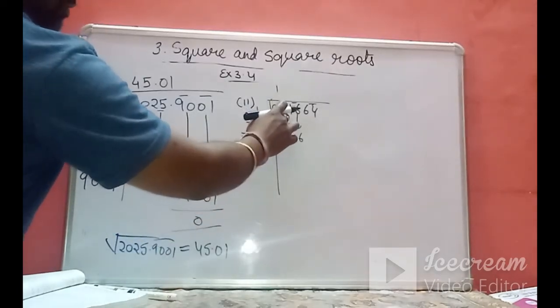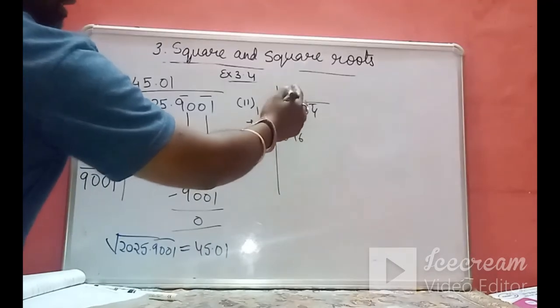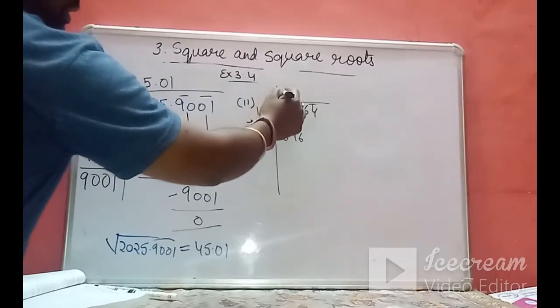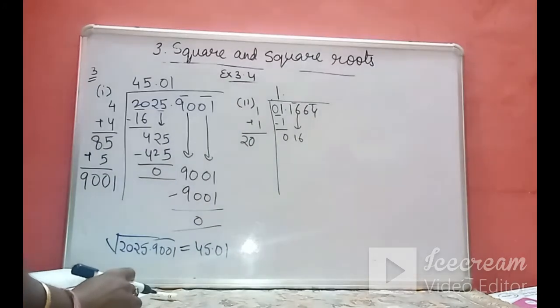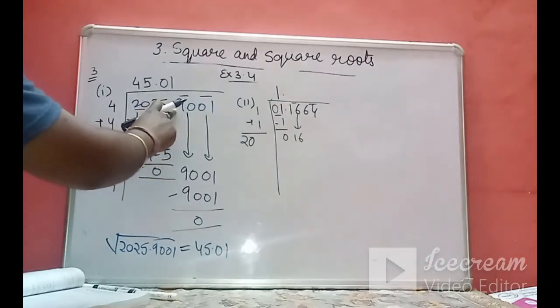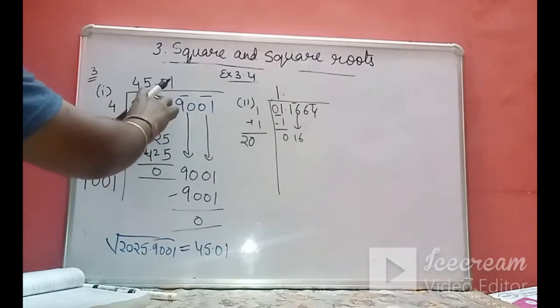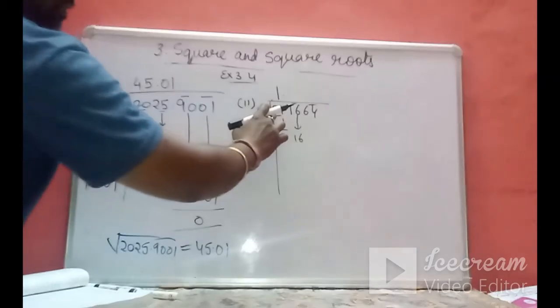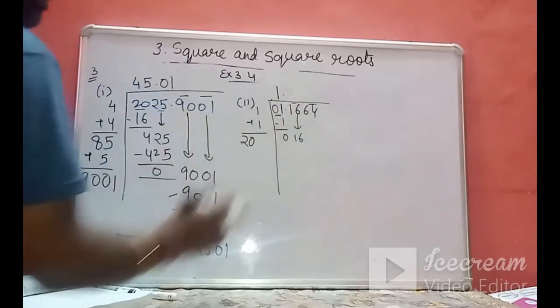And see, after 1 the decimal starts, so I have to put the decimal. From the point where the decimal part starts, from there only we have to put the point. Here after 2 pairs the decimal starts, so after 2 digits we put the point. Here after 1 pair only, so I put a decimal here.